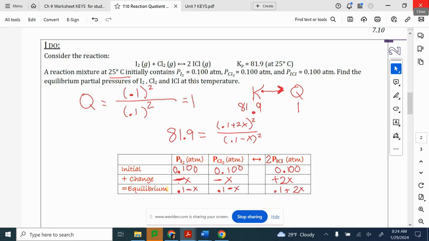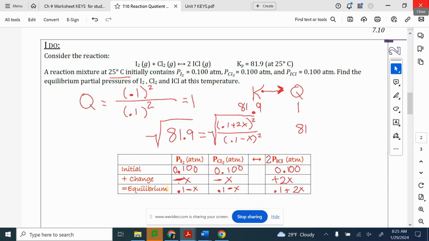Now, get that written down and let's talk about how we're going to solve this without having to do as much math. Okay? You ready? I am going to take the square root of this side, and I'm going to take the square root of this side.